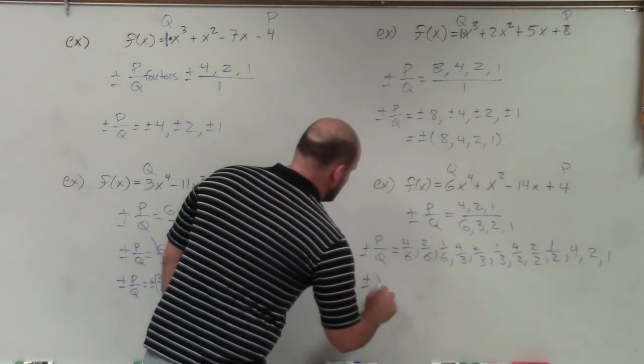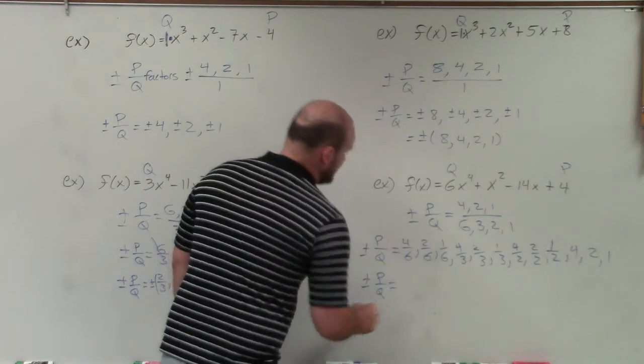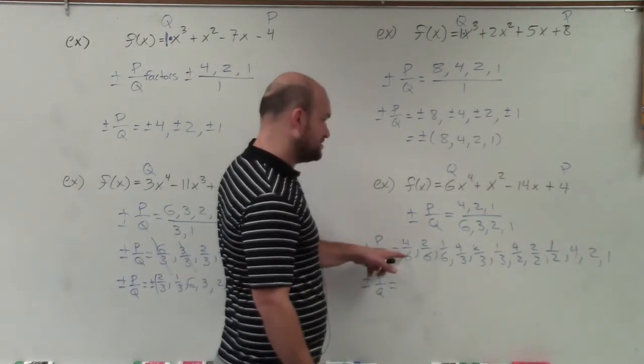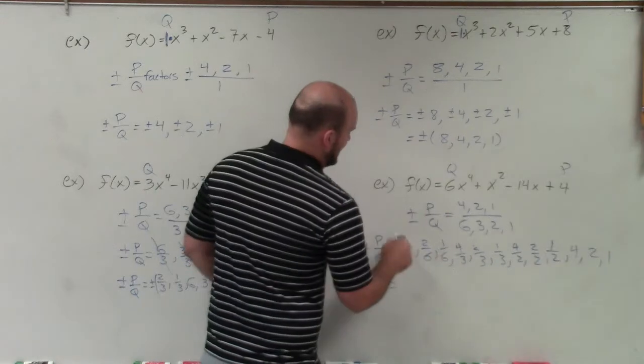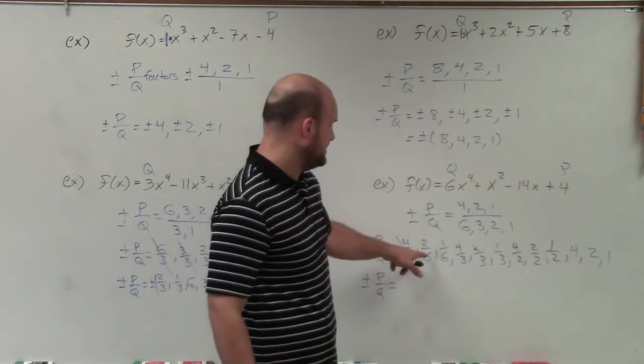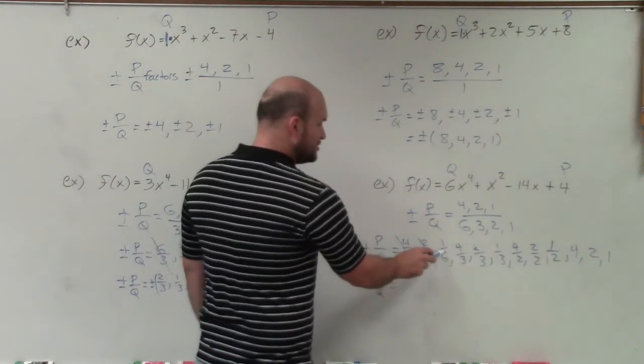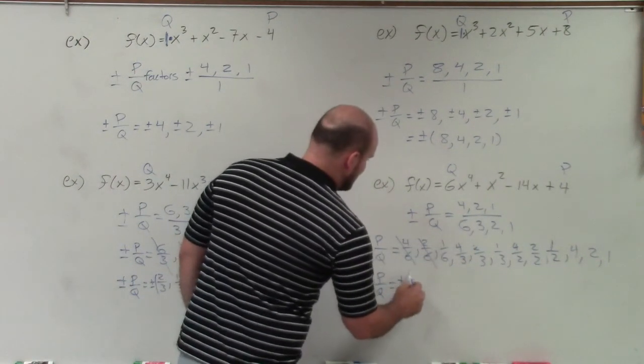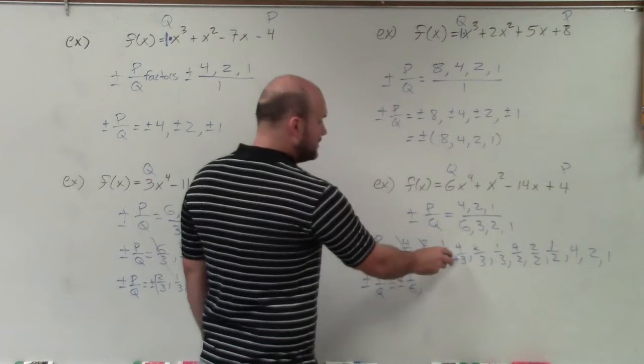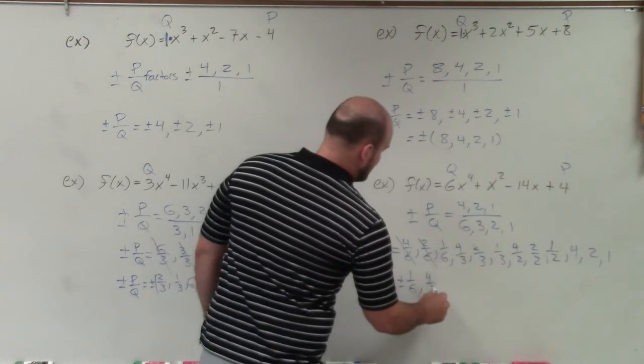So it's plus or minus p over q equals, let's see, 4/3 reduces to 2/3, which we already have, so that's a duplicate. 2 over 6 reduces to 1/3, so we already have that, so that's a duplicate. So my first solution is 1 over 6, which I do not have, so it's plus or minus 1 over 6, comma, we go to 4/3, that's unique.